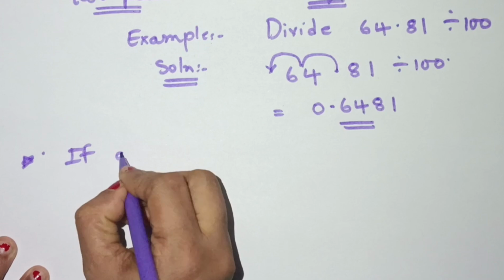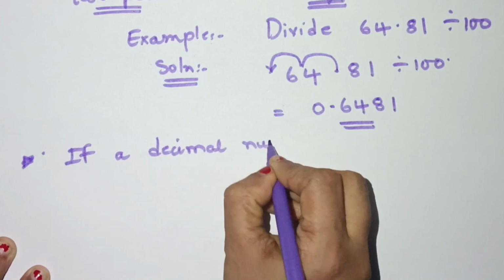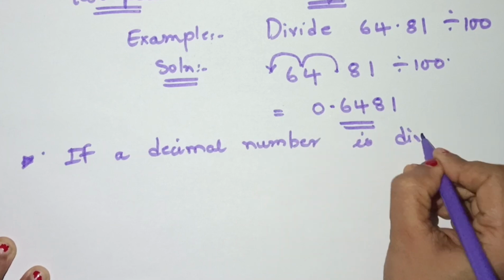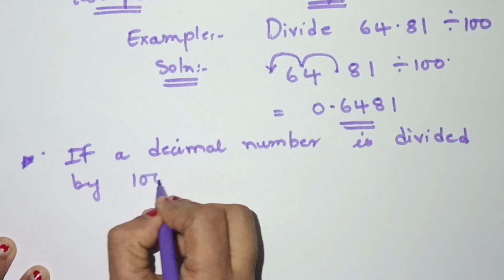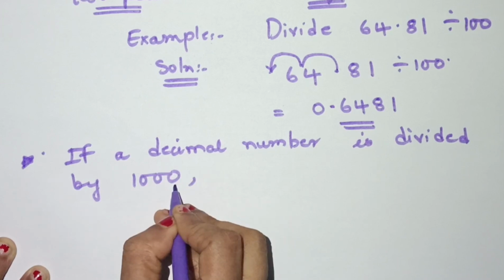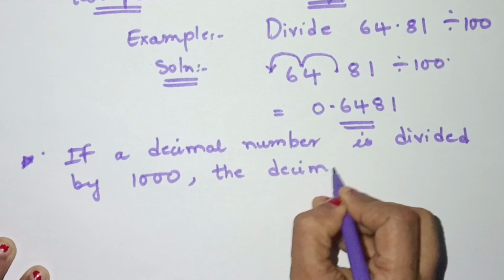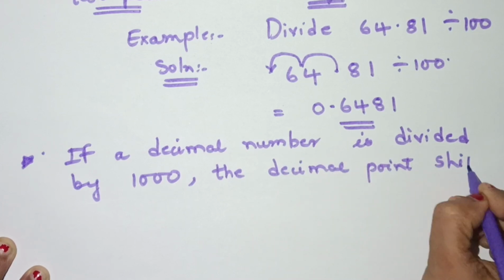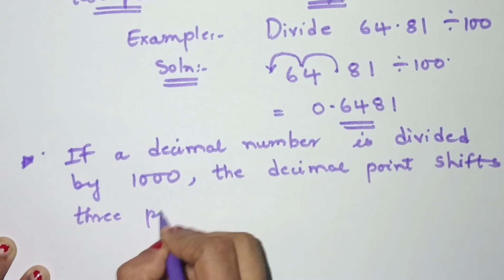If a decimal number is divided by 1000, it means three zeros, okay? Then the decimal point shifts three places. How many places?